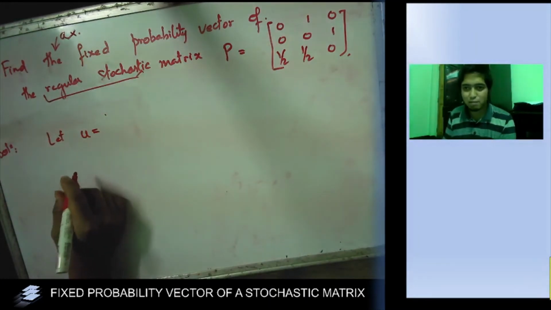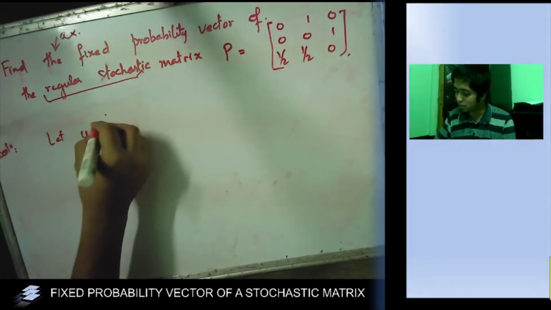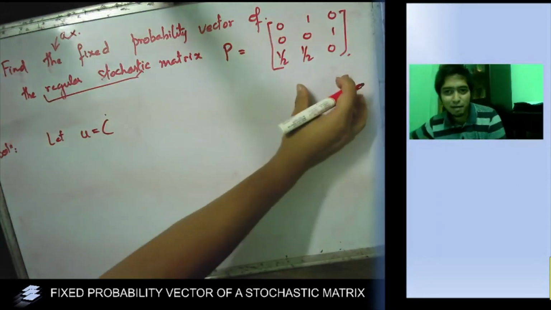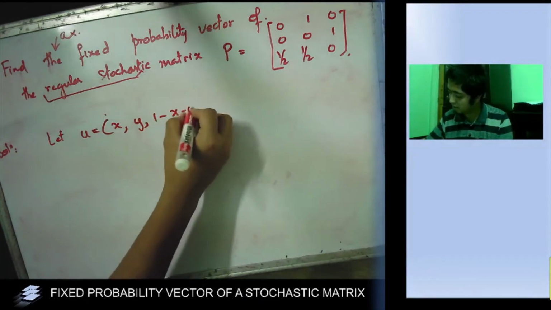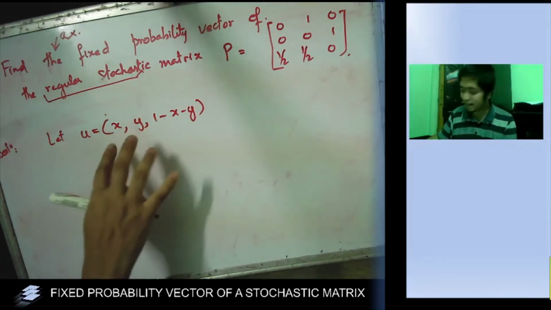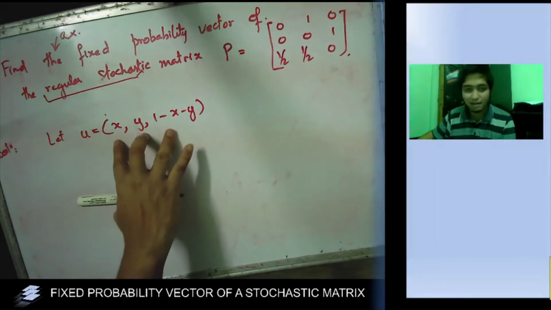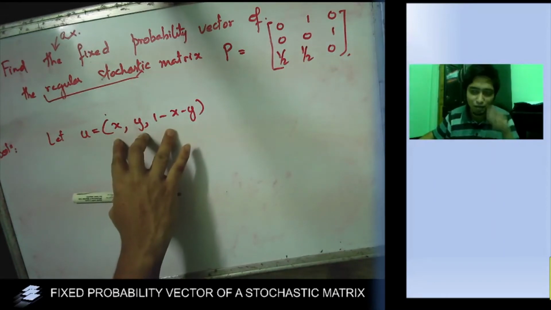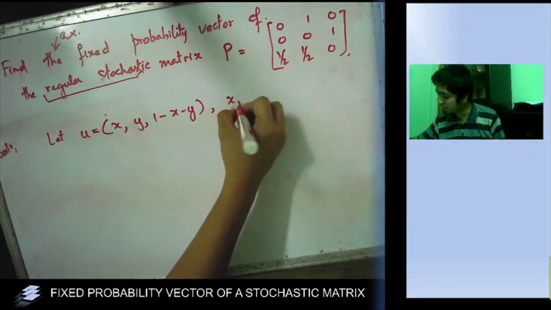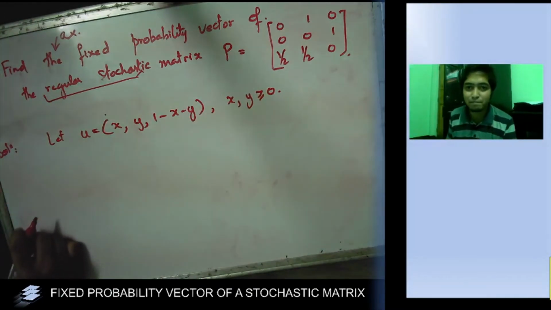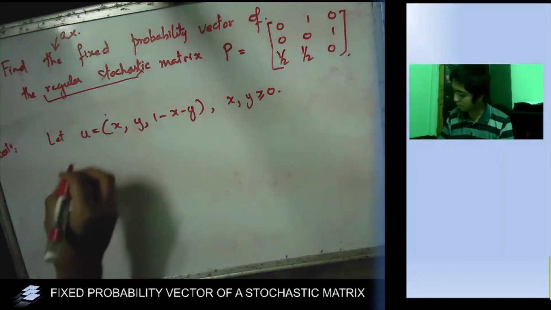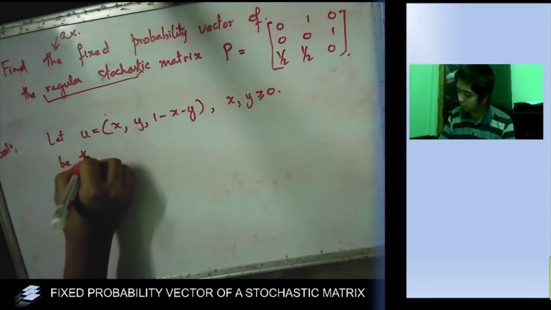If it is a fixed probability vector, then the sum of the coordinates should be equal to 1, and since it is a 3 by 3 matrix, we will make it a vector with 3 coordinates (x, y, z). Again, the sum is equal to 1, and over here we also need the restrictions that x, y, z should be greater than or equal to 0.